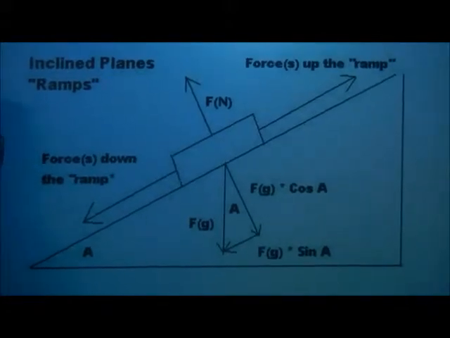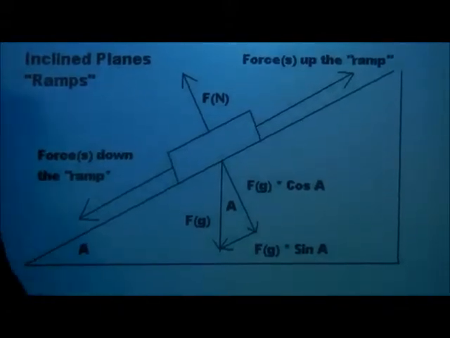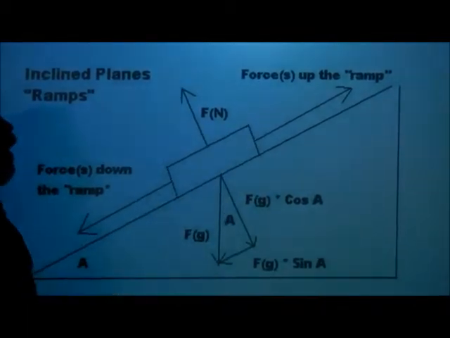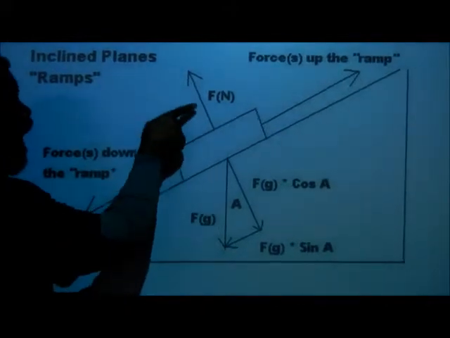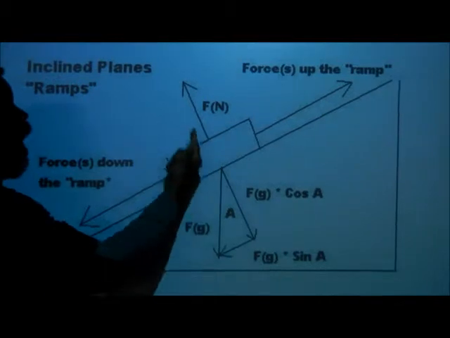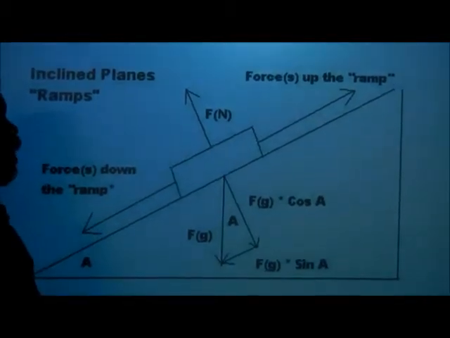In addition to those forces, we have the static friction which acts up the board and resists the motion. And finally, because the book is pushing into the board, the board pushes back by Newton's third law, and we have a normal force, a reaction force, which acts up on the book.